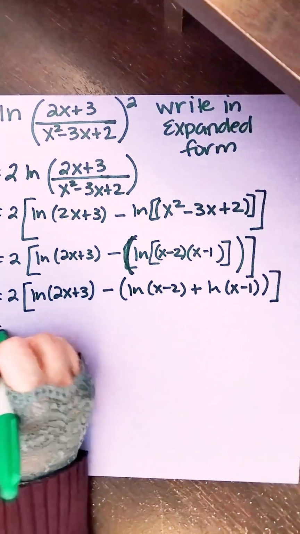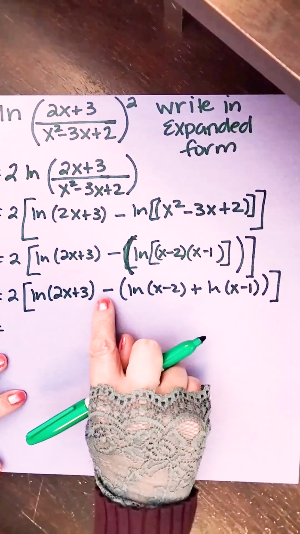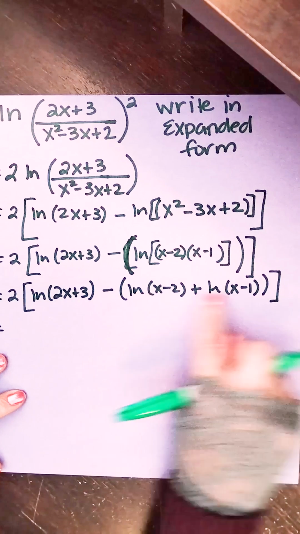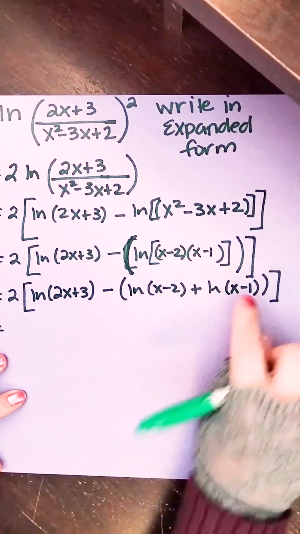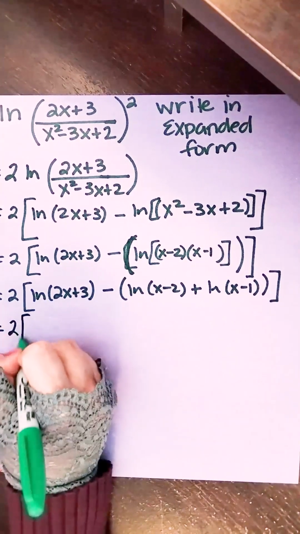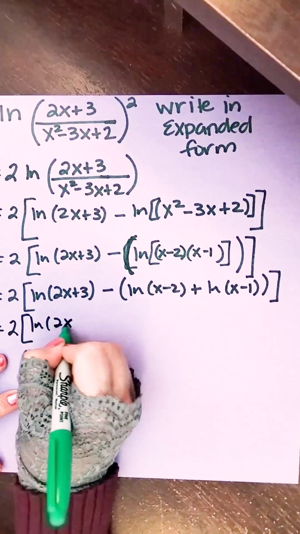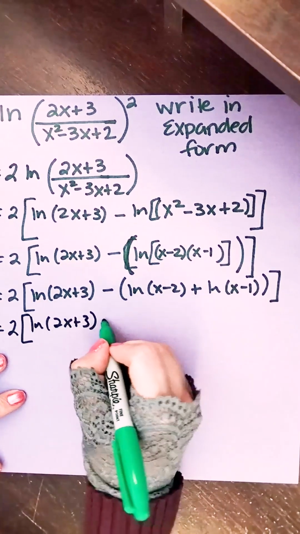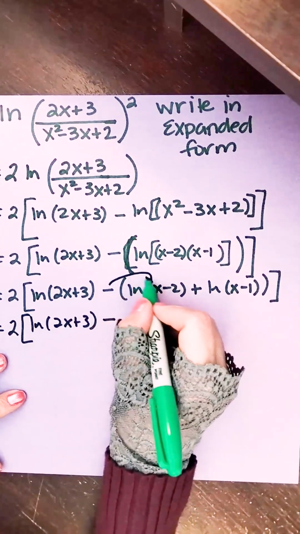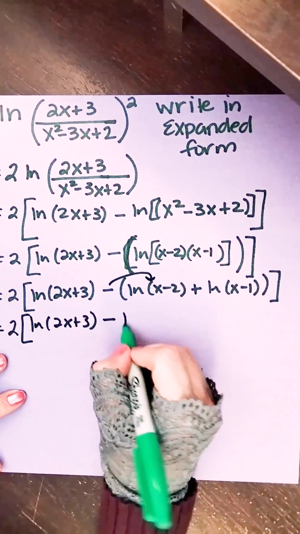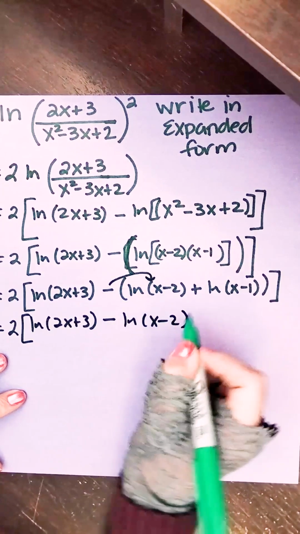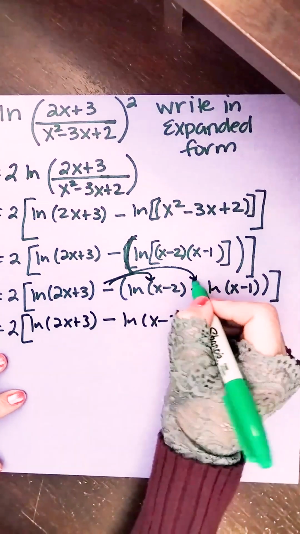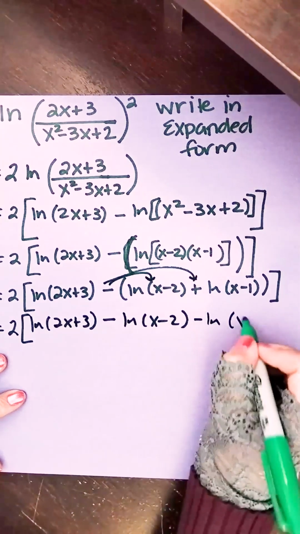Okay, so then what I notice here is I'm going to distribute this minus sign throughout all of this, because I have these parentheses. So I have 2 times the natural log of 2x plus 3 minus the natural log of x minus 2, and then minus the natural log of x minus 1.